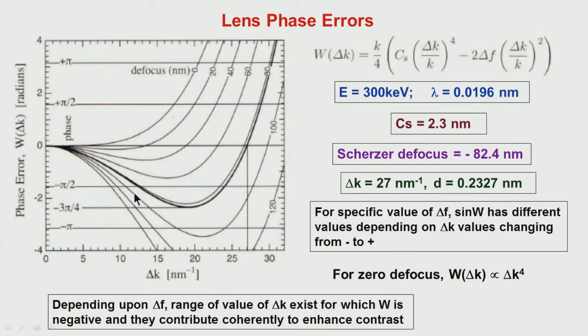So, it is a very complex term, but what is essentially important is that this phase error, as we can calculate it, for some particular value we can see is minus pi by 2.